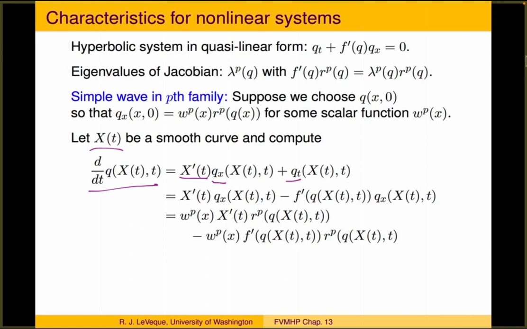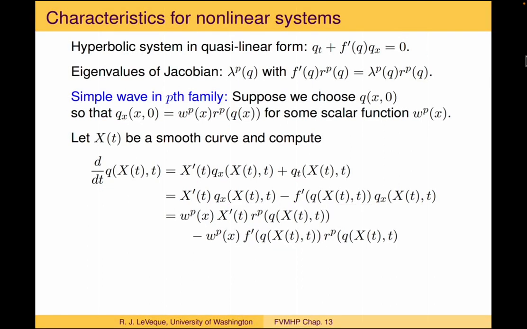And then q_t, using the quasi-linear form of the equations, is minus f'(q) times q_x. And then by my assumption up here that q_x is just a scalar multiple of the eigenvector r_p, the q_x here is just w_p times r_p, and the q_x over here as well. And since w_p is a scalar, I've pulled it out in front of the Jacobian matrix f' here, for example. So we get this form.